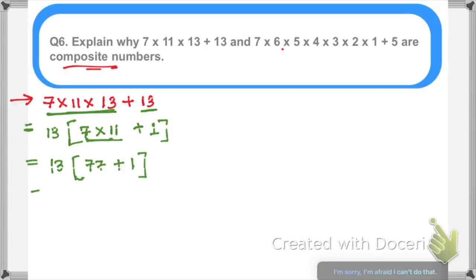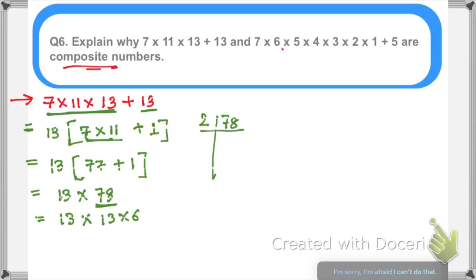Again you can write 13 into 78. Now this 78 can again be factorized and written as 13 into 6.